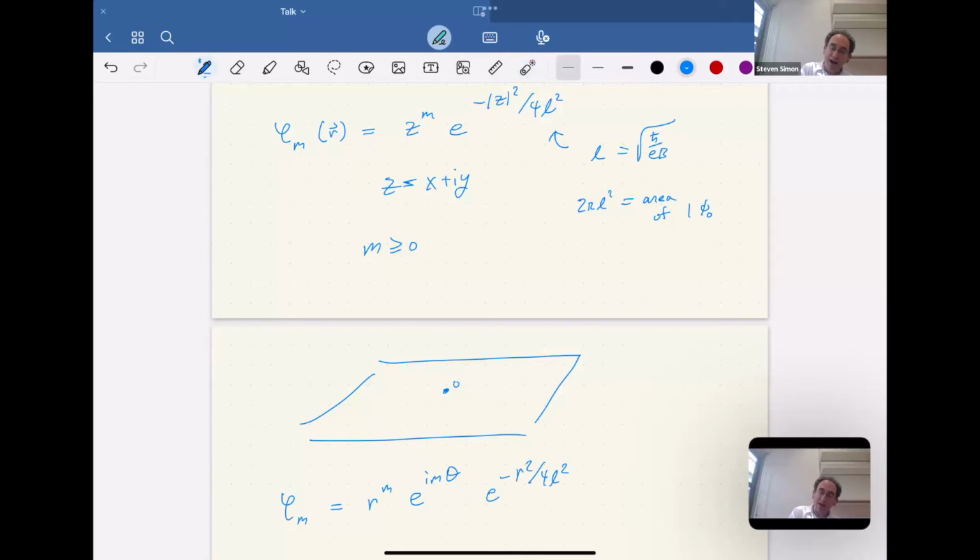So the phase wraps as you go around the central point, and then there's an r to the m growth, and then a Gaussian decay. You're going to get a little wave packet which goes up as a power law, then down as a Gaussian, and it goes around in a circle around the center. Yeah, it's a terrible circle, but something like that.